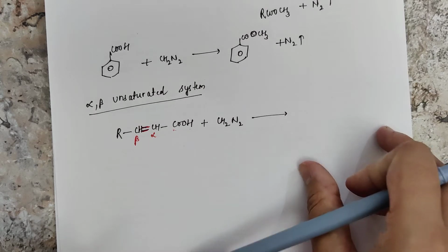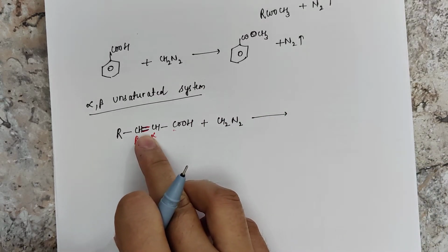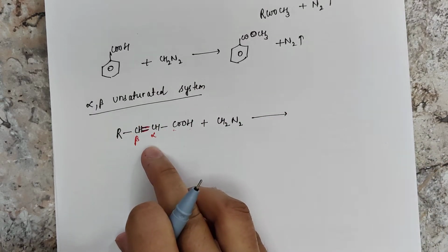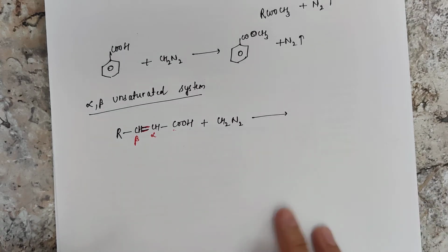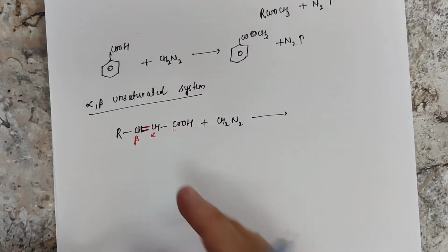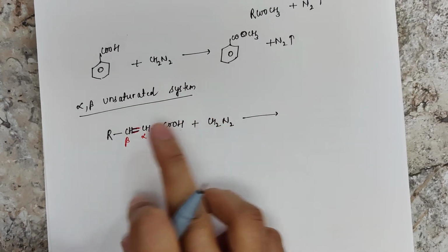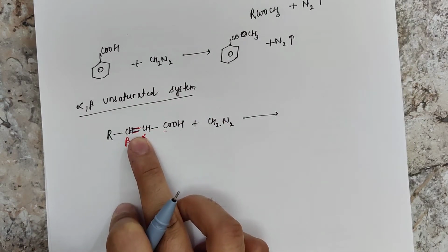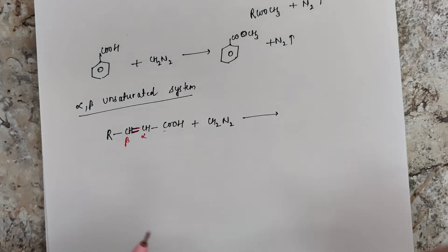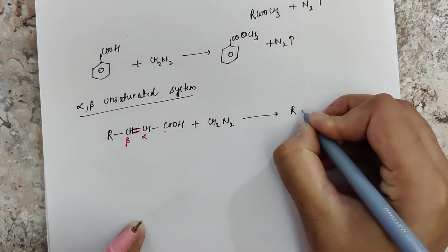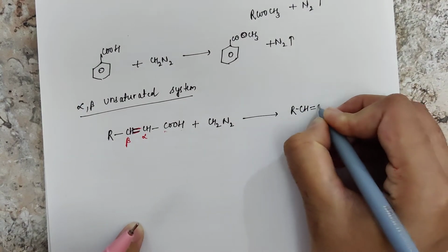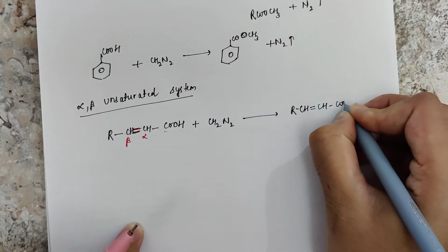After getting the product, we will have to deprotect this double bond. So it becomes a long process. But in case of diazomethane, it doesn't affect the double bond present here. So you will very easily obtain the methylated product here.